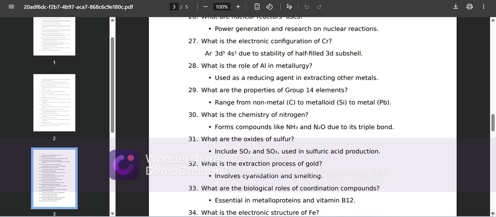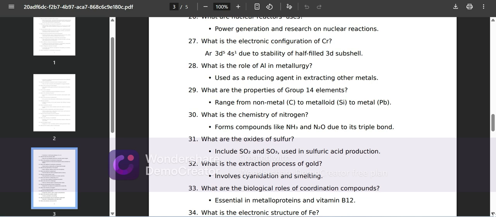What are the properties of group 14 elements? They range from non-metal carbon to metalloid silicon to metal lead. What is the chemistry of nitrogen? Forms compounds like NH3 and N2O, due to its triple bond. What are the oxides of sulfur?